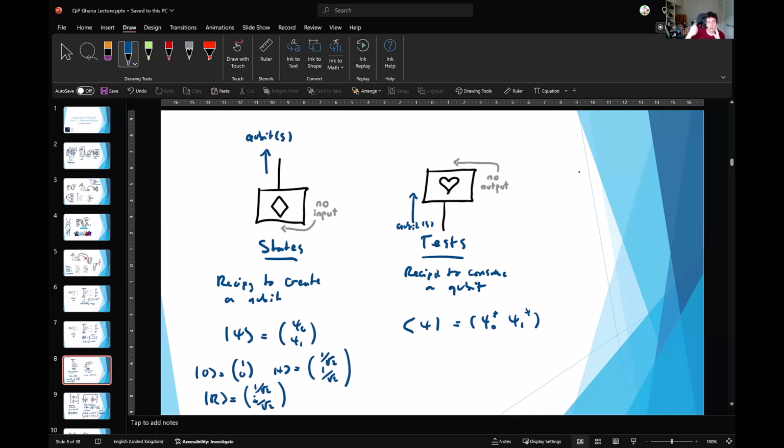So it's 1 over root 2, i over root 2. You can have many more. The only reason I mentioned R is because when you flip it upside down, you get the bra for it. And the bra for it is a row vector, which has the same components, but you have to take a complex conjugate. So it gets minus i over root 2. But these are just complex numbers.